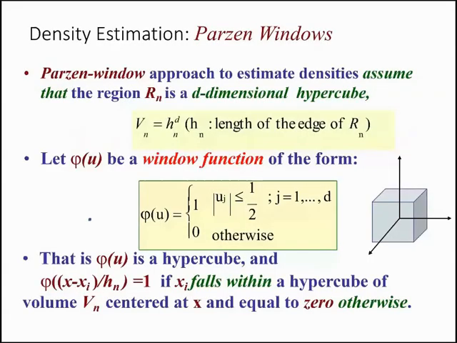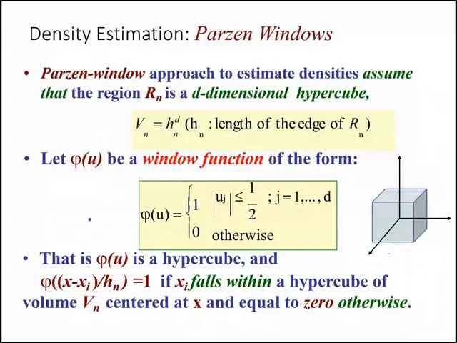Now the Parzen window approach estimates the densities assuming that the region Rn is a d-dimensional hypercube. Now here we define Vn, that is the volume of the hypercube, equal to h to the power d. So h stands for the width of the hypercube.